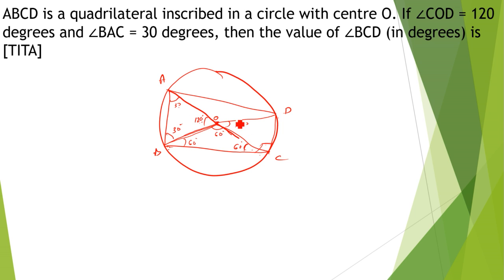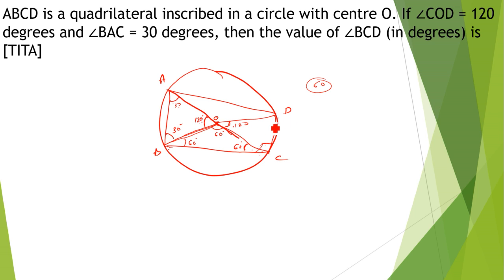OAB and triangle ODC. Both are similar triangles by the property of angle similarity. This 120 and 120 is equal. This 30 and 30 will be equal because since this is 120, the remaining angle is 60, because we know that the sum of angles of a triangle is 180.